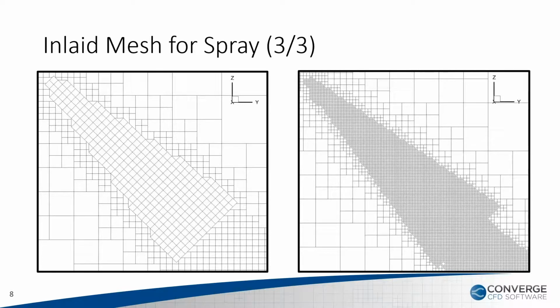Whereas trying to achieve the same difference with a Cartesian mesh, we would have to use more cells, as shown on the right-hand side. So this goes to the point that you could use an inlaid mesh to get more accurate results using a lower cell count compared to an equivalent Cartesian grid.